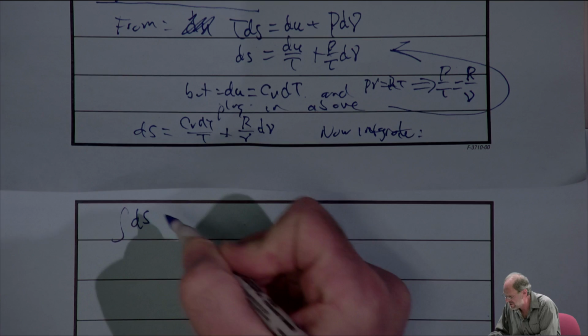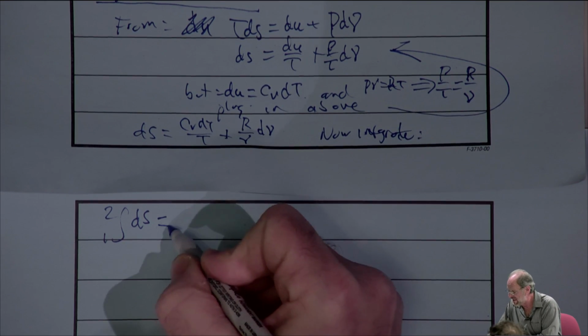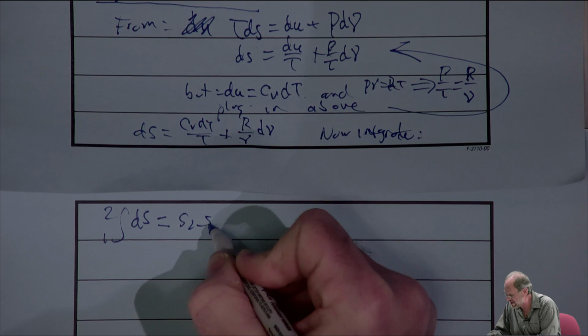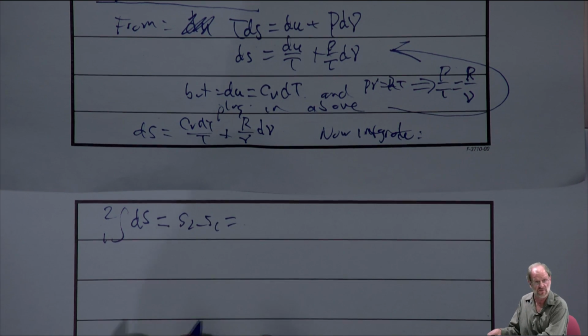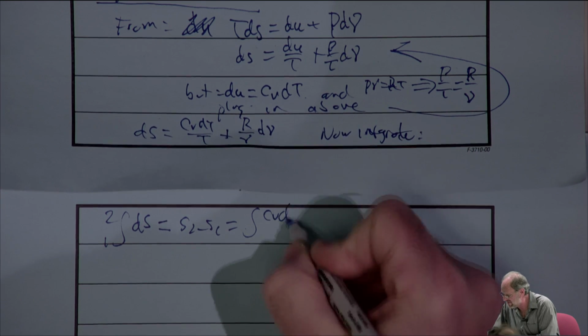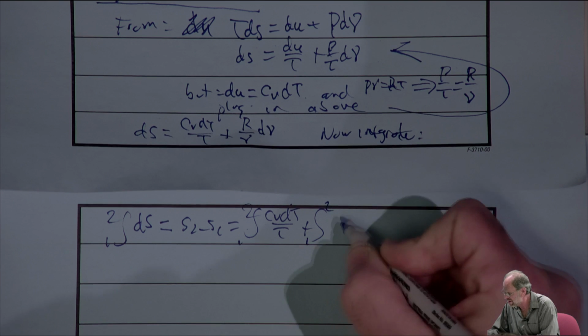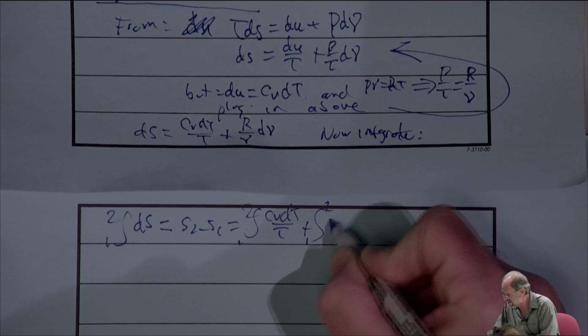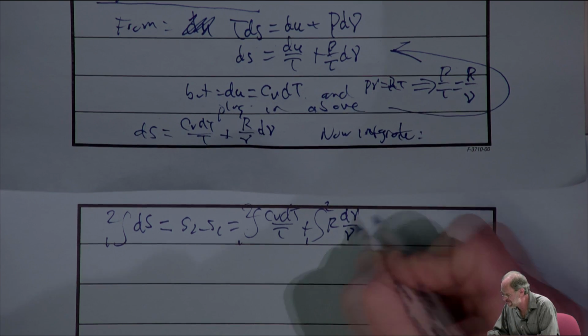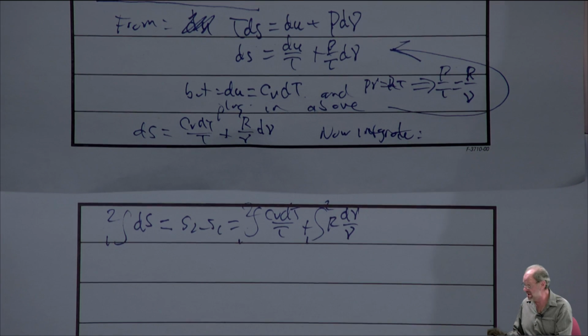All right, so now I'm going to integrate. So the integral of ds, and let's just say it's from 1 to 2, is going to be S2 minus S1. And again, these are specific entropies, right? So this is going to be the integral of CV dt over t plus the integral of R dv over v. Now, I will note that R is a constant, so it's going to come out of the integral.